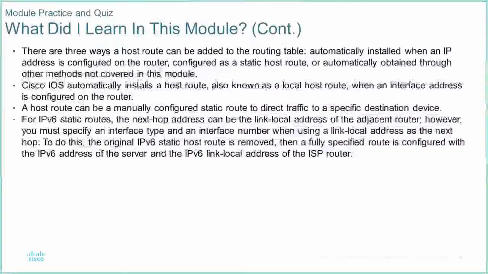These routes are used to signify a specific device that we want to get connectivity to. So these devices would then be listed in our routing table and can be routed directly to that device.